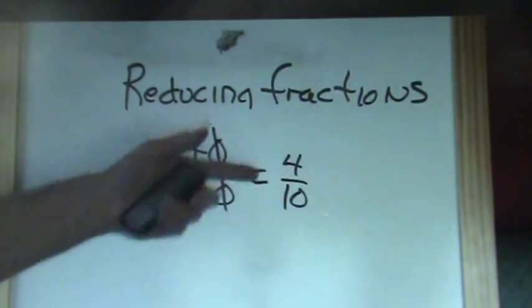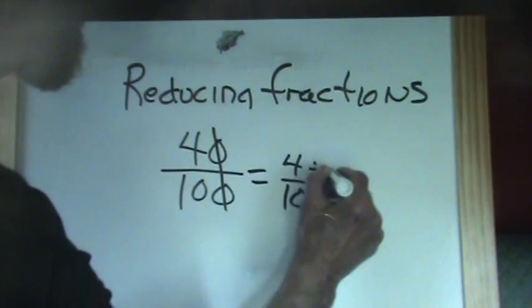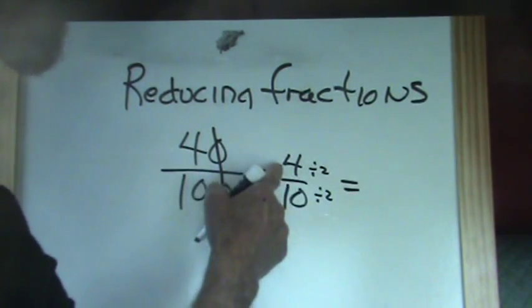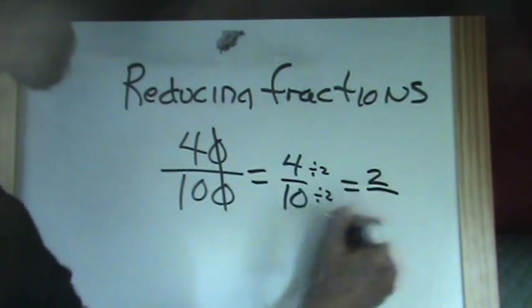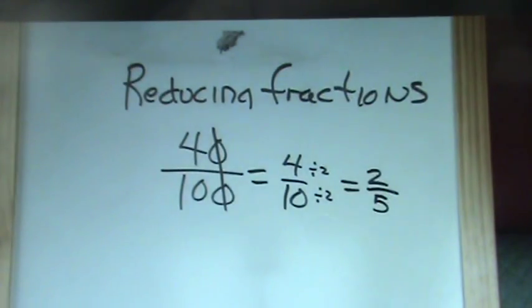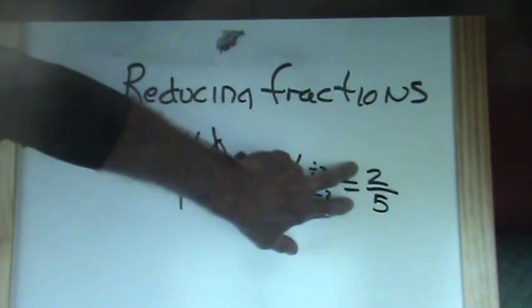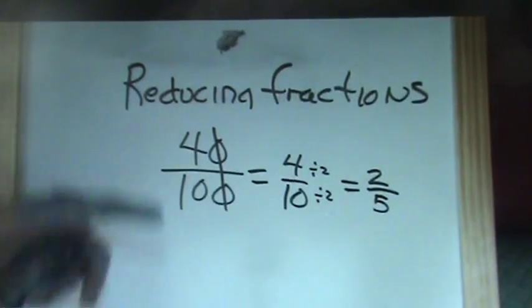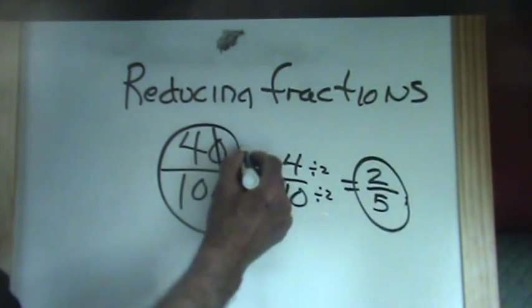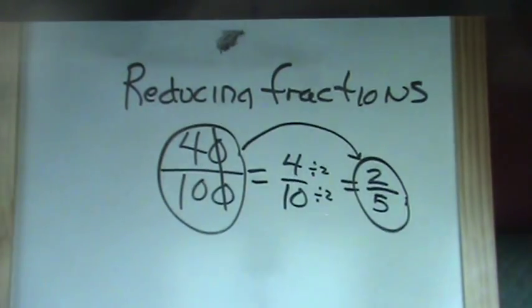And we say, well, yes, 2. Then we divide by 2, divide by 2. 2 goes into 4 2 times, 2 goes into 10 5 times. Any number that goes evenly into both of these? No. Well, then this 40/100ths, its lowest name, is 2/5.